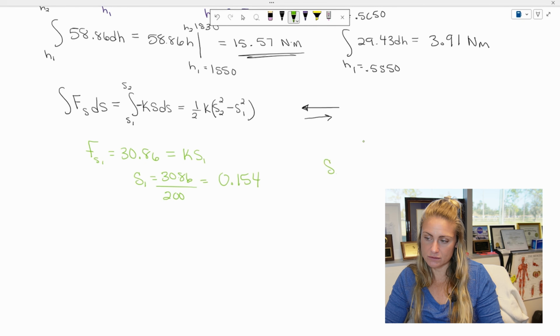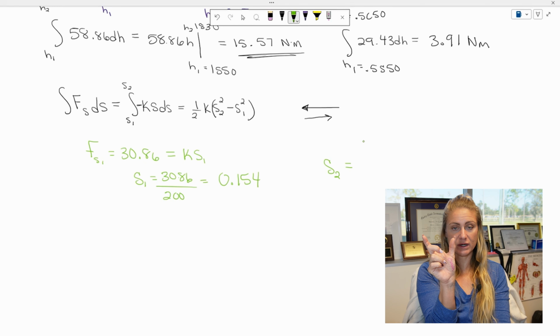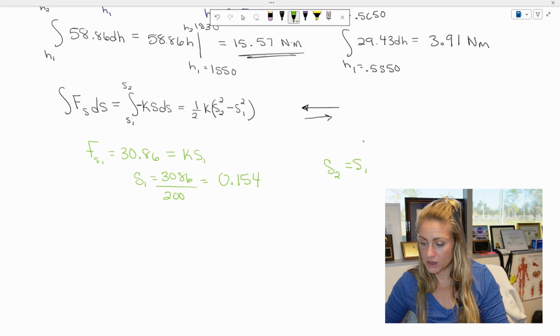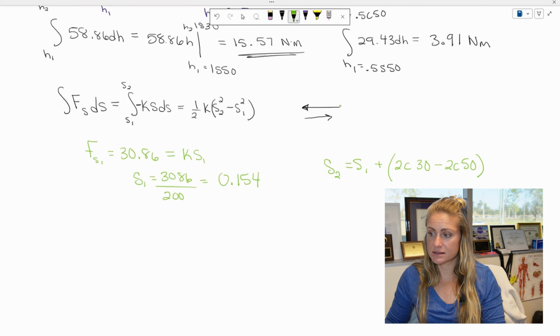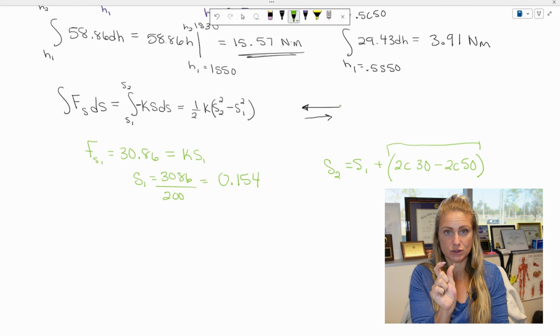Because we still need S2, S2 is going to be whatever the spring was for S1, whatever that movement was, plus the distance traveled by the bar, right? So that's going to be S1 plus 2 cosine 30 minus 2 cosine 50. So this is the distance traveled between the two positions plus the initial travel.